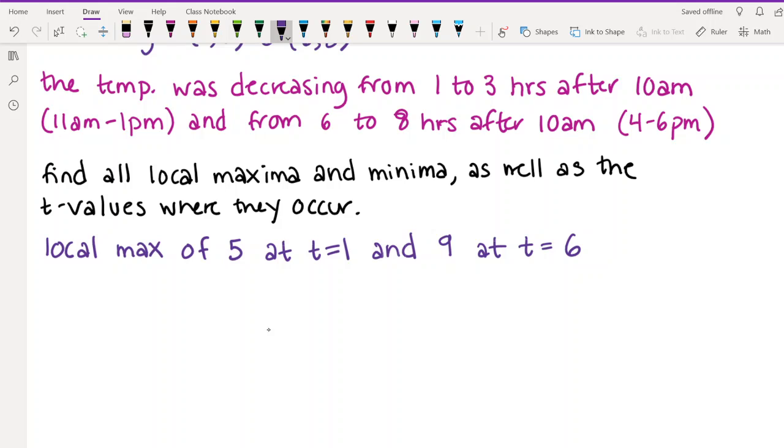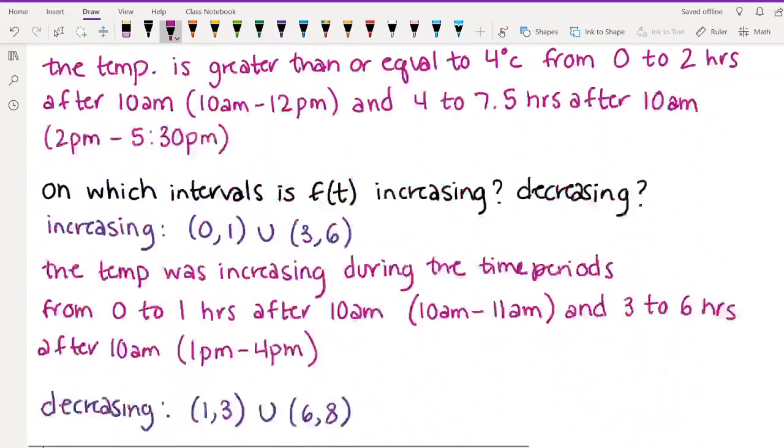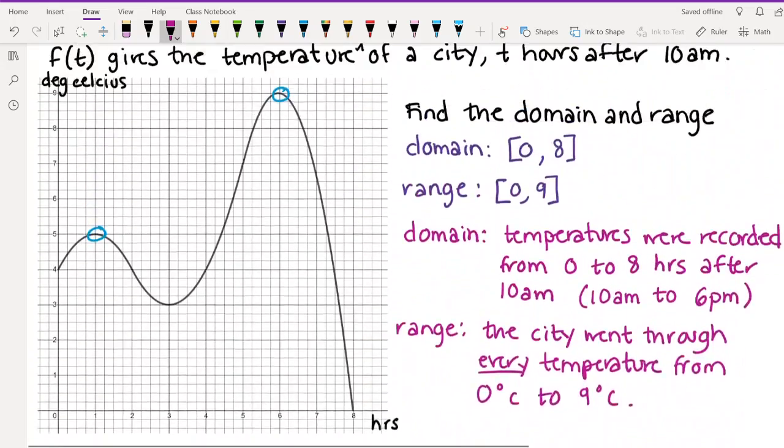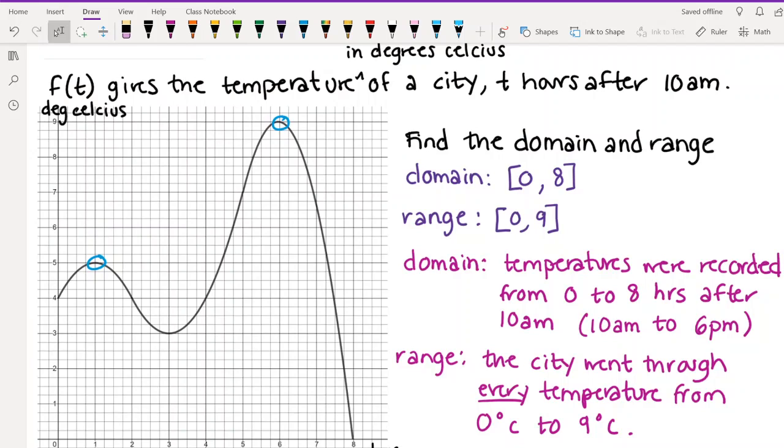So what does that tell us in terms of the problem? Well, thinking about this shape of having a peak or a valley, that's telling us about spikes or dips in the temperature, right? If the temperature goes up and then goes back down, that means it's spiking.